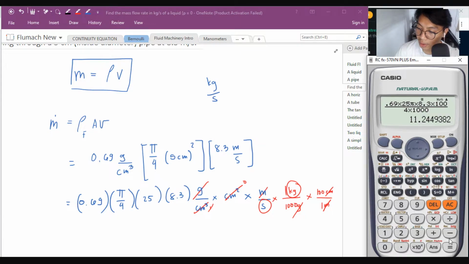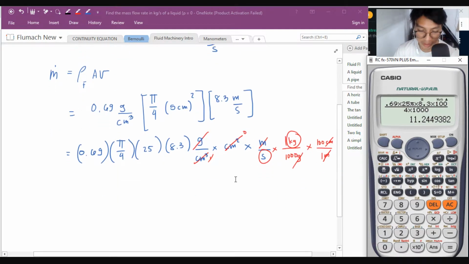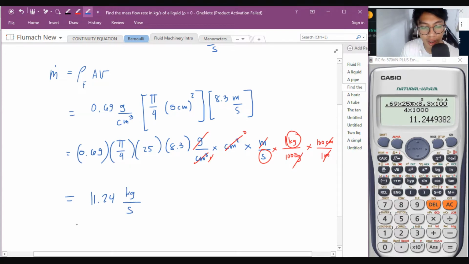What will be the answer? 11.24 kilogram in every second. Okay? Yun yung sagot. Very basic. 11.24 kilograms in every second. That is the mass flow rate of the system. Okay?